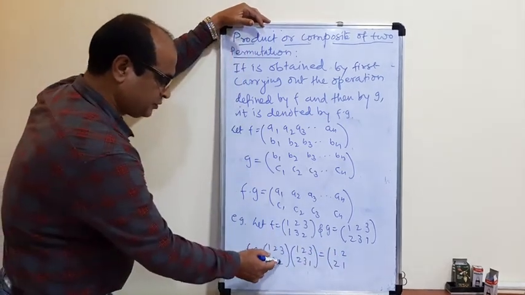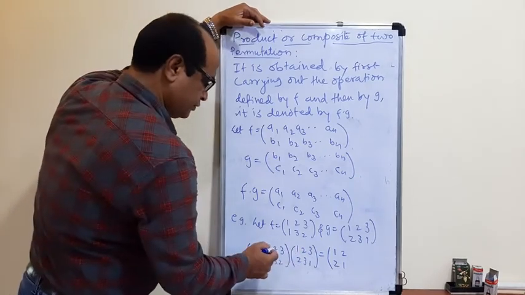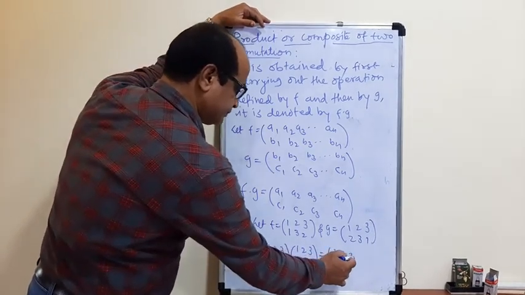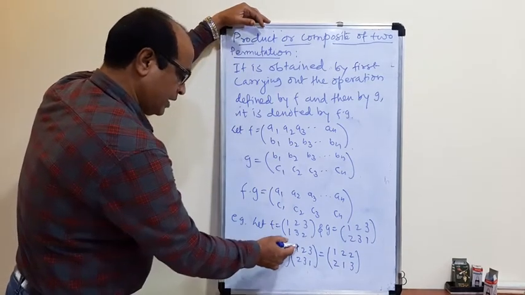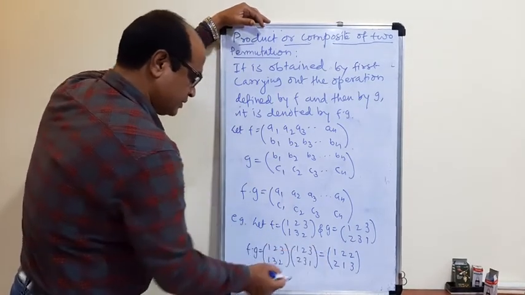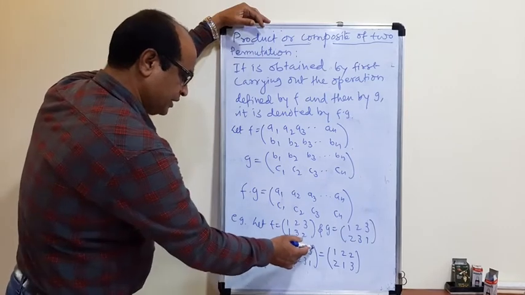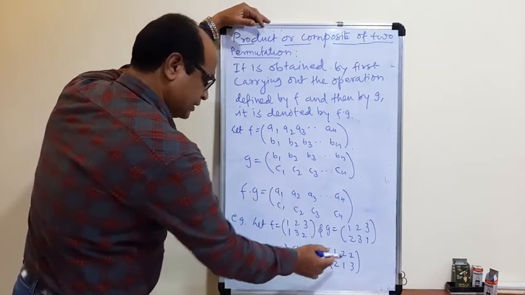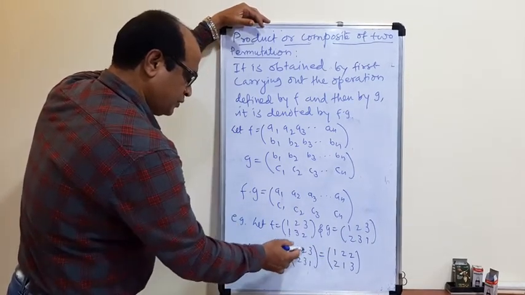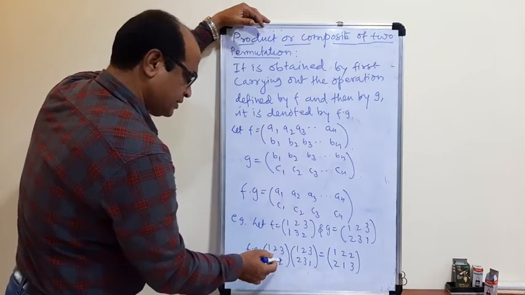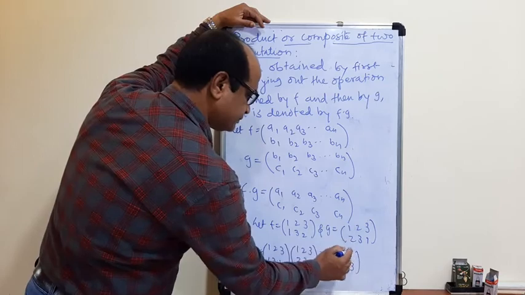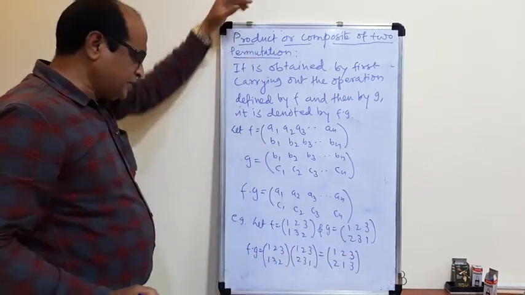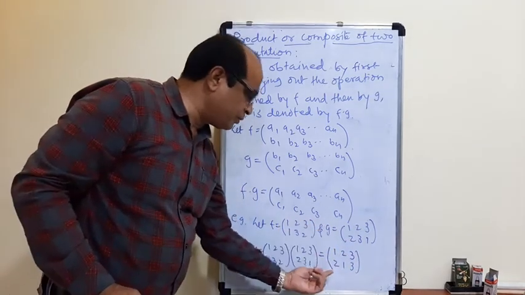Then 3 goes to 2, and 2 goes to 3, so 3 goes to 3. So this is the product of these two permutations.